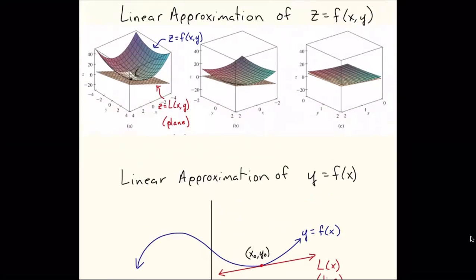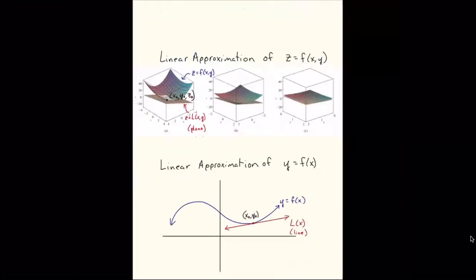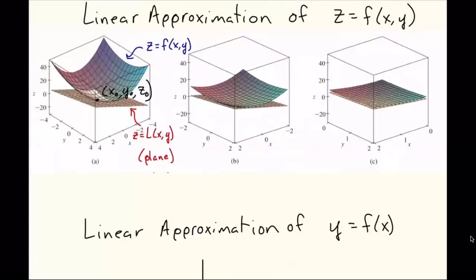And that point is x naught, y naught, z naught, representing all the points involved in graphing this. Okay, so there's your analogy. That's what's going on when you're calculating these tangent planes. Of course, the main idea is that the closer we are to our point of tangency, the better our approximation is. And that's always been the case, and that will continue to be the case.